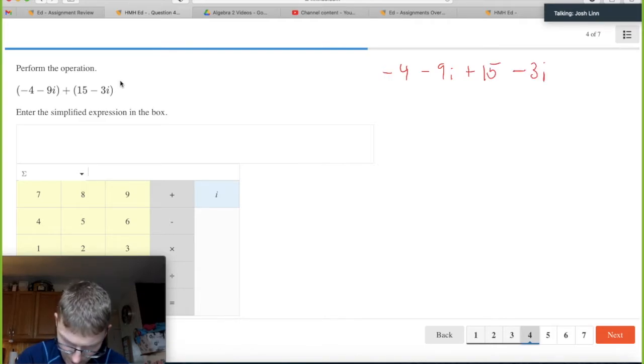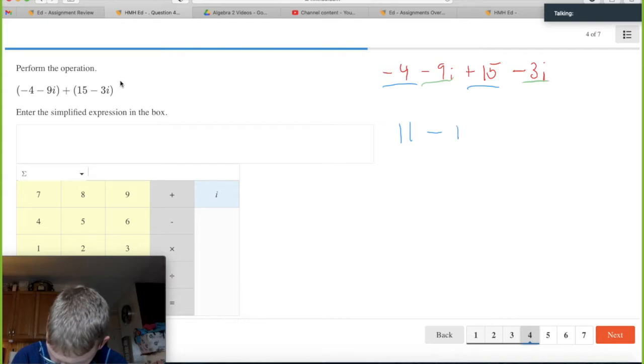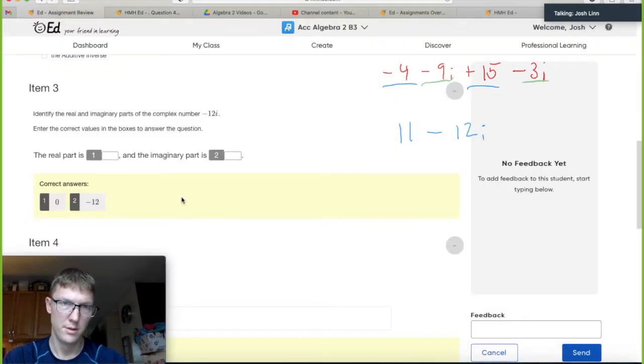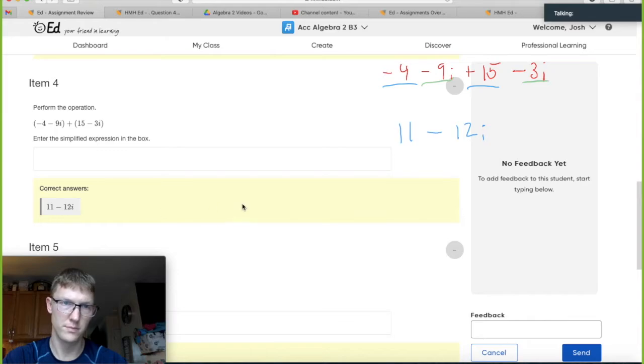We will combine our like terms. And then we're going to have 11 minus 12i. 11 minus 12i. So there you go.